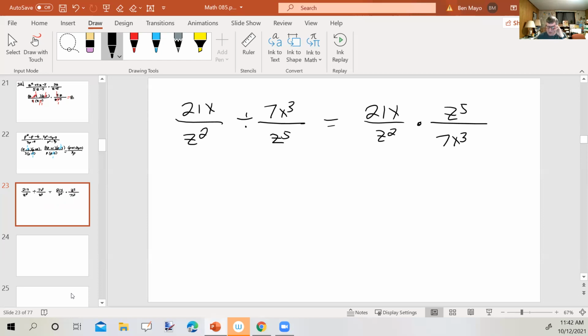So we change division into multiplication by the reciprocal. Now we can come back and reduce. z to the 5th over z squared is z cubed. 21 over 7 is 3 over 1. And x over x cubed is 1 over x squared. So we end up with 3z cubed over x squared.